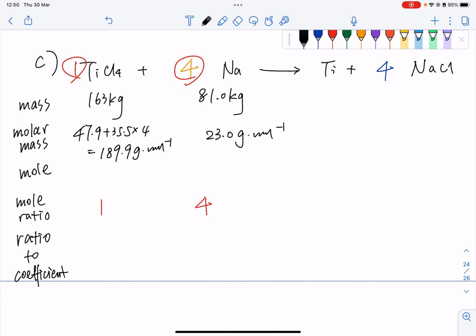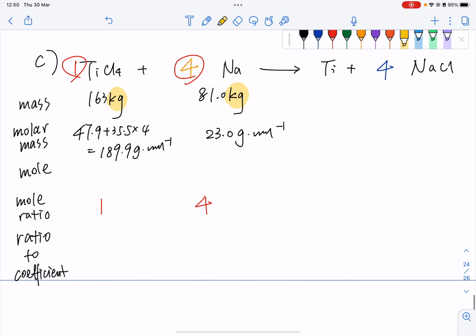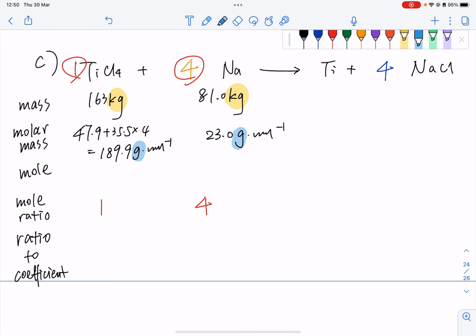And then, if you take a look at the units, are these units the same? They're not, right? So firstly, we should convert it into grams. So you have 163 times 10 to the power 3 grams, right?